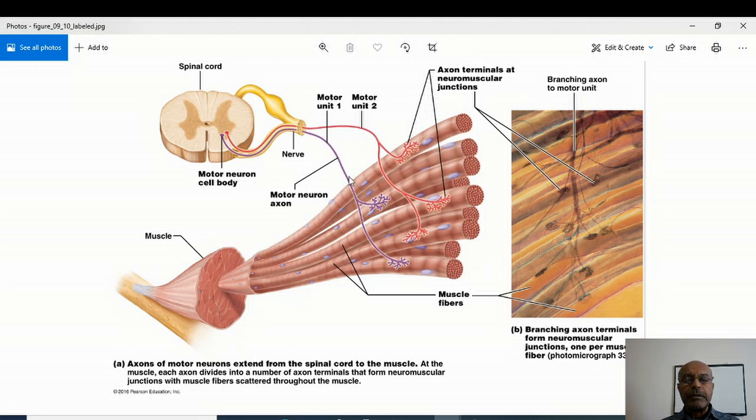In this case, motor unit 1 consists of one nerve and two skeletal muscle cells, whereas motor unit 2 consists of one nerve, the pink one, and three skeletal muscle cells. This is the idea of motor unit. So this motor unit always functions together, because the impulse which comes along this will reach all three and they will contract always together.